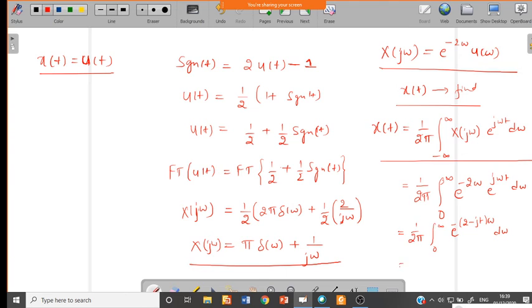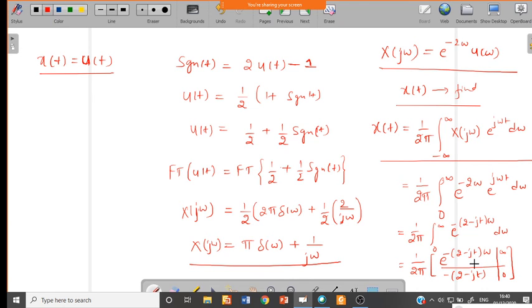So we will get x of t equal to 1 over 2 pi into e power minus (2 minus jt) into omega, divided by minus of (2 minus jt), from 0 to infinity. Now if you substitute infinity, this will give 0, and if you substitute 0, it will give 1.